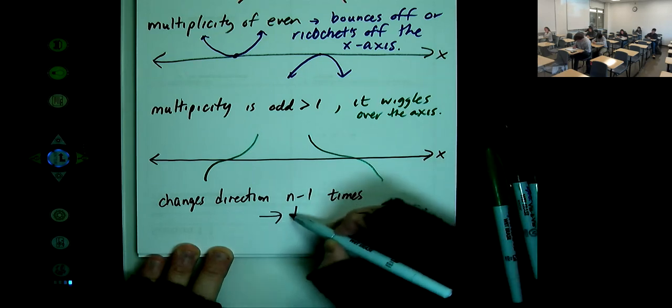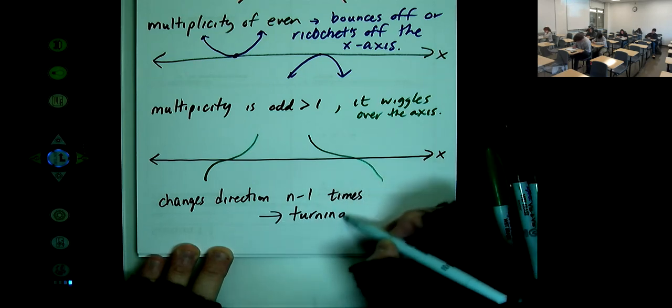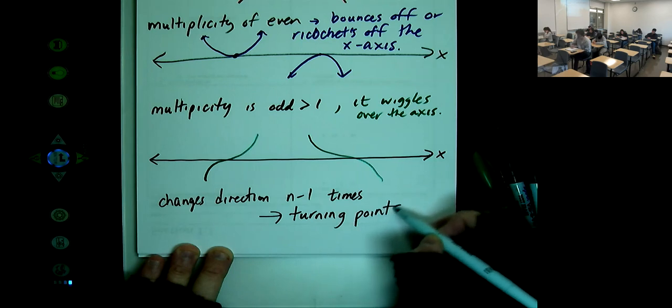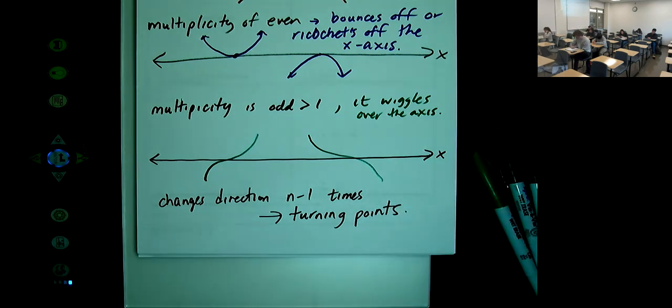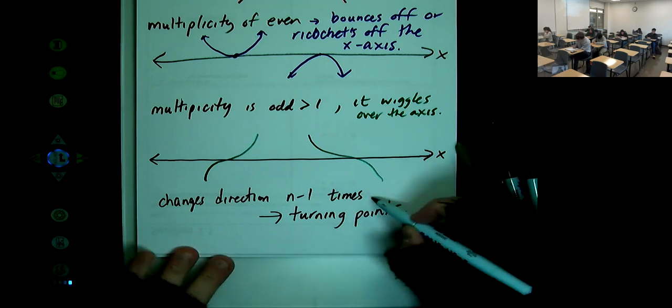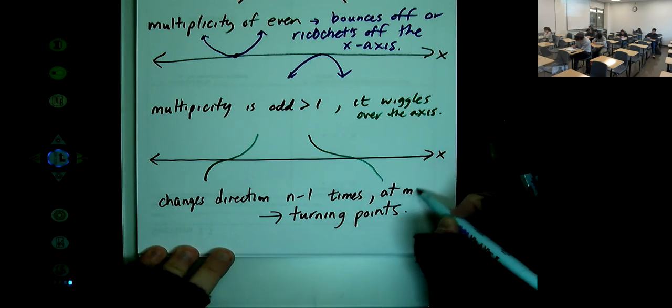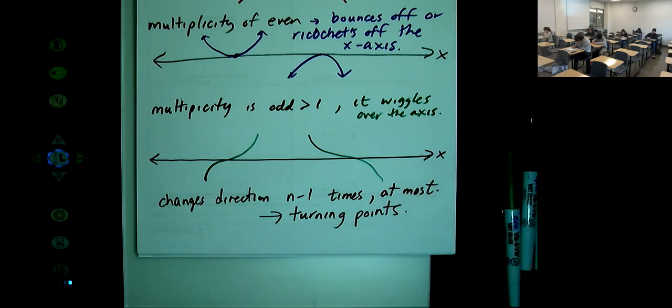These are called turning points, and that's at most n minus 1 times. Like x cubed could have 2 turning points, but it doesn't. The base graph of x cubed just keeps going up. It wiggles, but it just keeps going up.